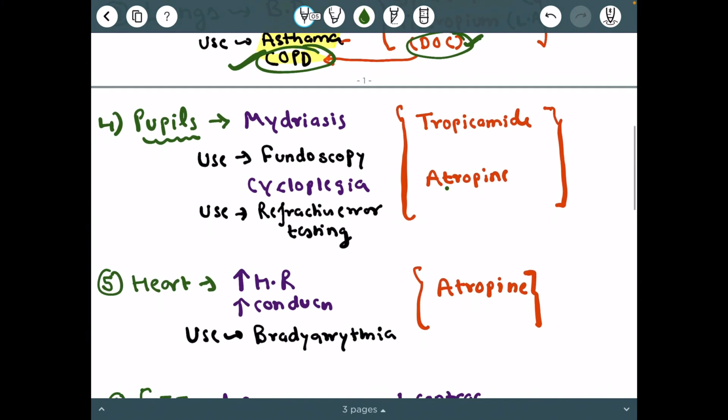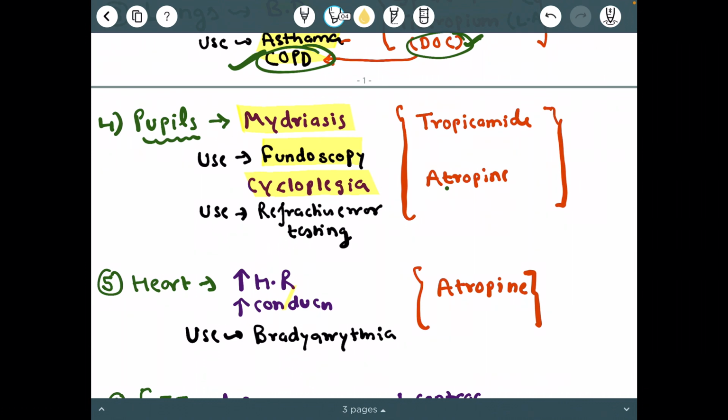The next part is pupils. In pupils there are two functions of anticholinergics. First is mydriasis and the second is cycloplegia. What is mydriasis? Mydriasis is the dilation of the pupil, due to which we can see the fundus of the retina very clearly. So it is used in fundoscopy.